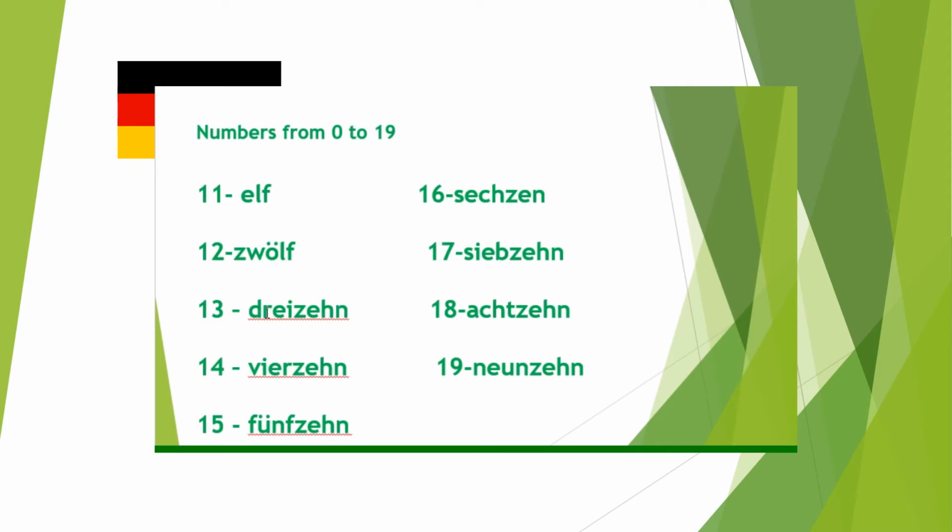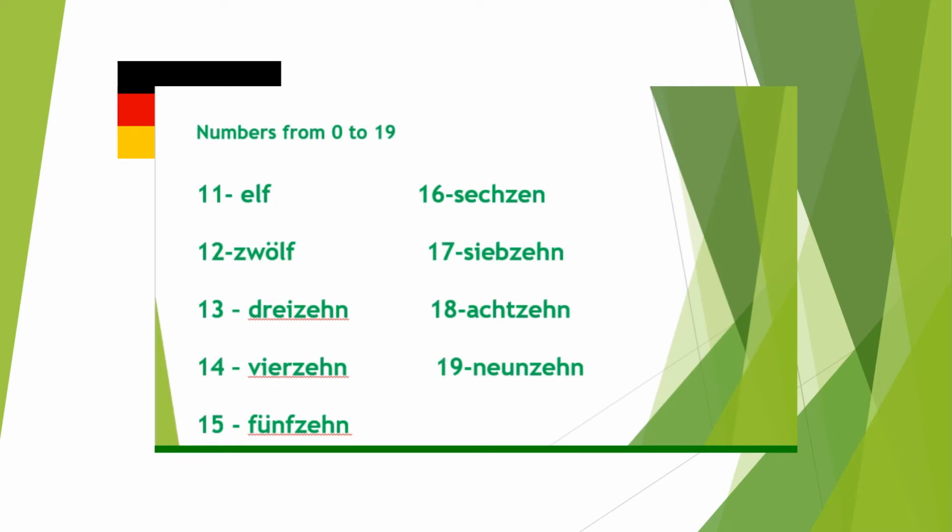So 3 is drei, plus 10 is zehn, so it forms dreizehn. Then 14: once again it is 4 plus 10, so vierzehn. In the same way the remaining numbers 15, 16, 17, 18, 19 are formed.